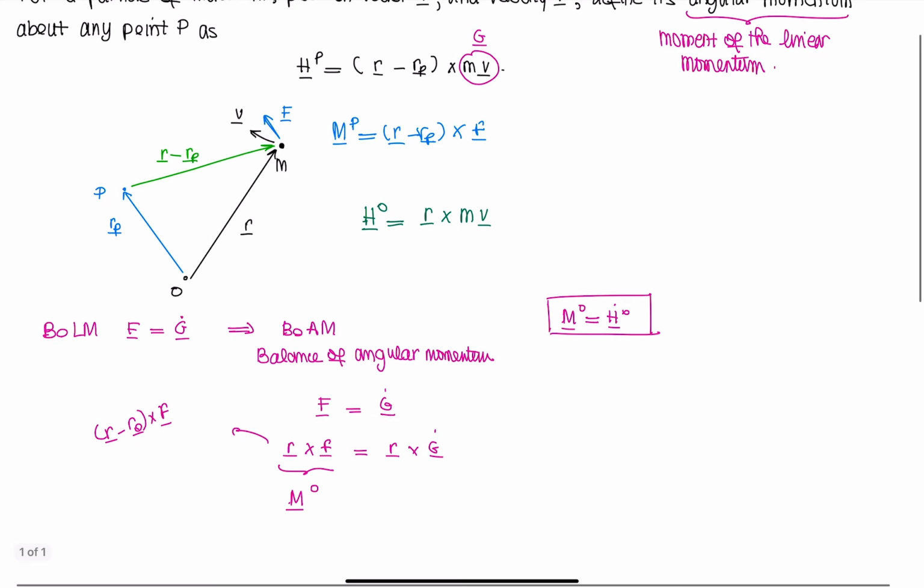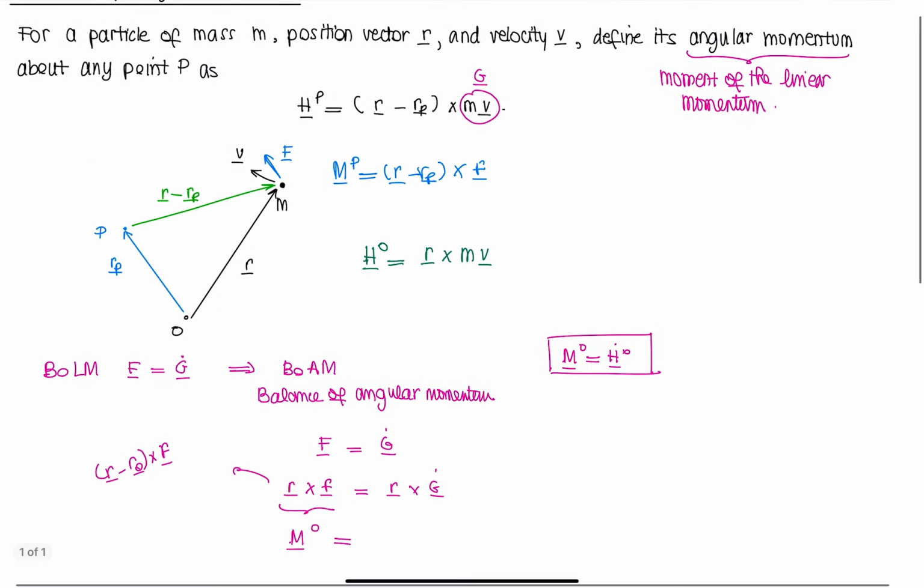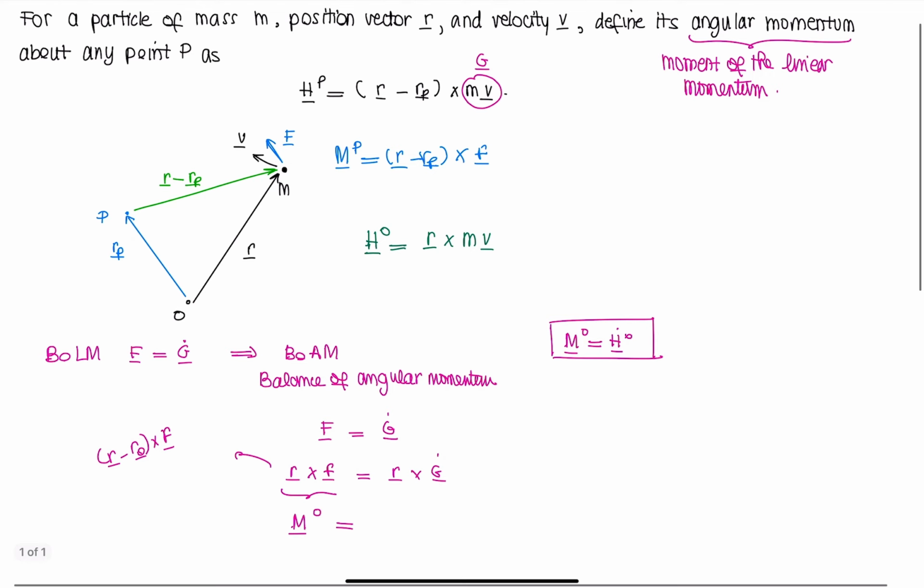And here, on this side, we will get r cross g dot, which we do not really know yet what it is. However, let's go to the side and discuss h dot O. Remember, H_O is equal to r cross mv.